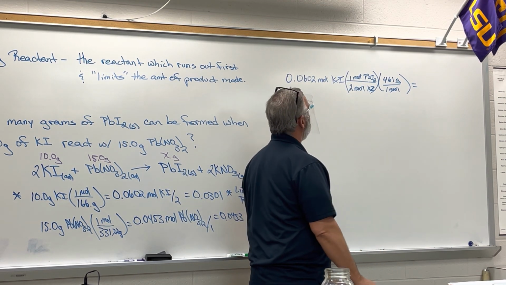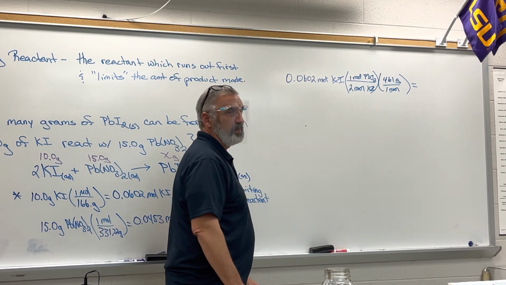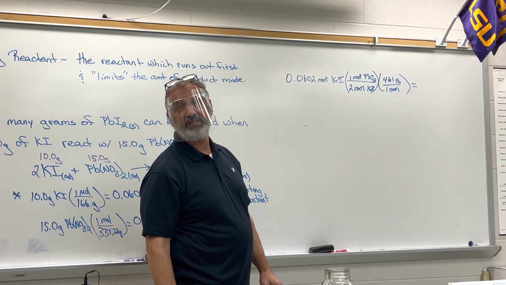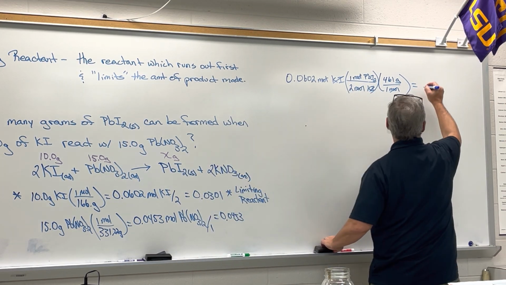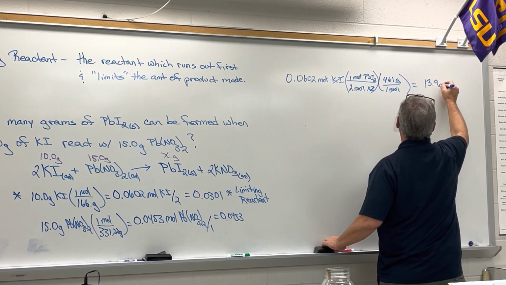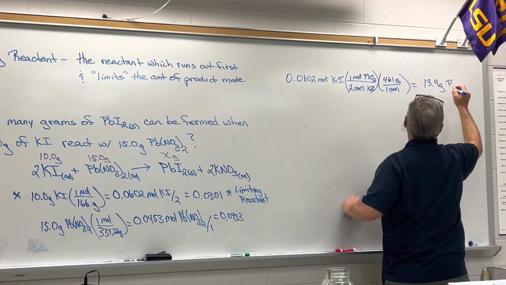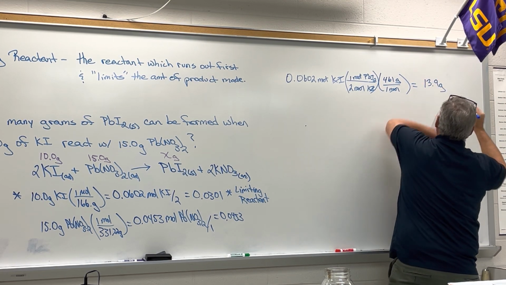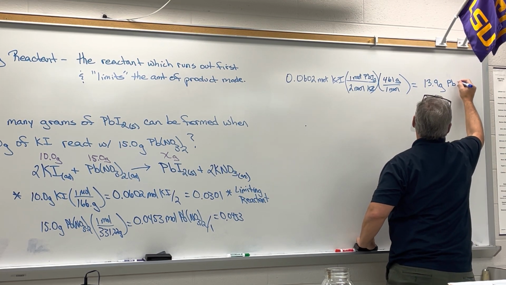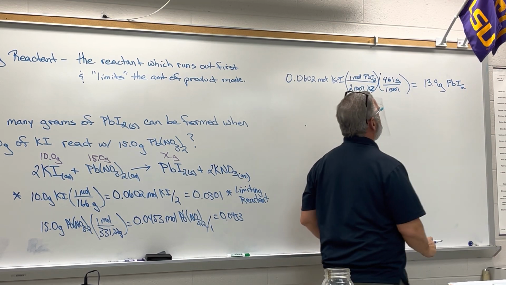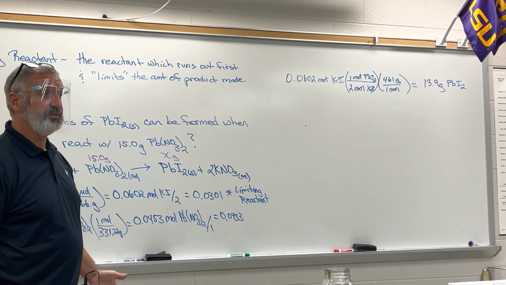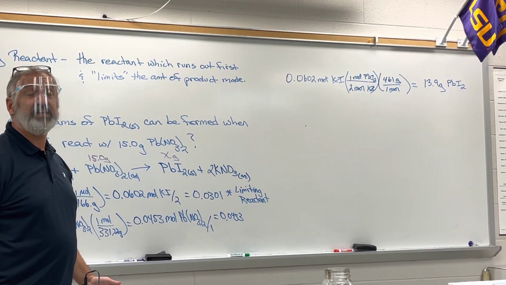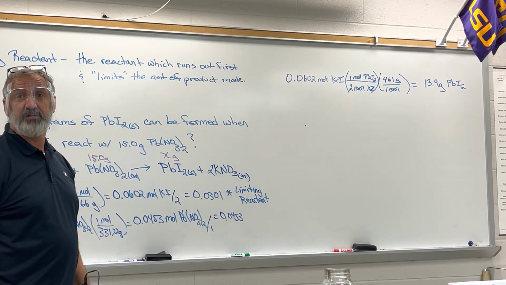And all of that's going to end up equaling 13.87, 13.9. That would be my theoretical yield of lead iodide, lead II iodide that can be formed.